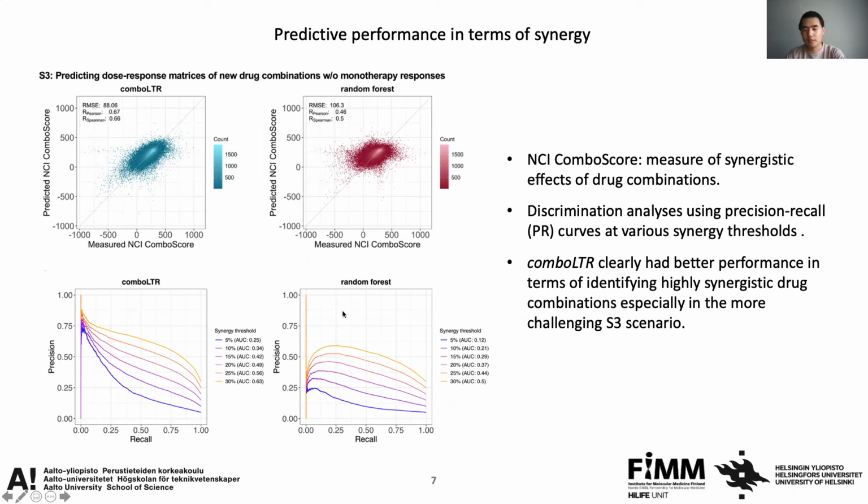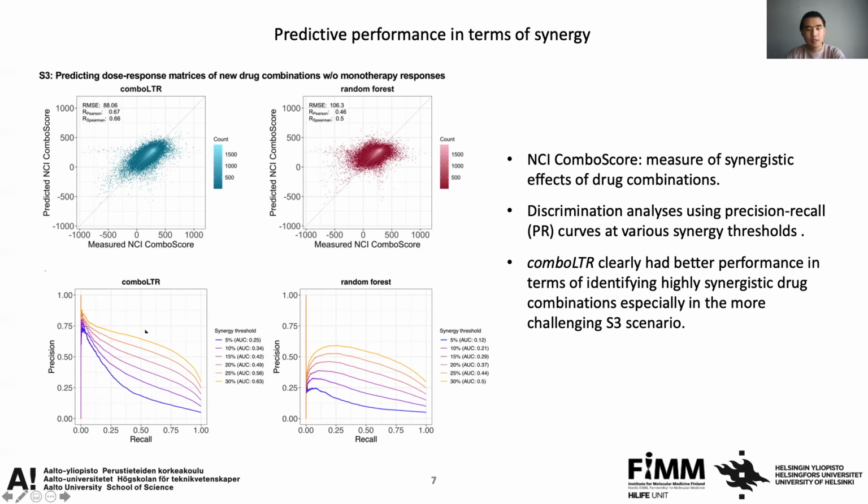And we also did discrimination analysis using precision recall curves to further evaluate the model performance in classifying synergistic drug combinations. We labeled drug combinations as synergistic or non-synergistic based on different synergy thresholds on their NCI combo scores. The two figures below show the precision recall curves of ComboLTR and random forest with various synergy thresholds.